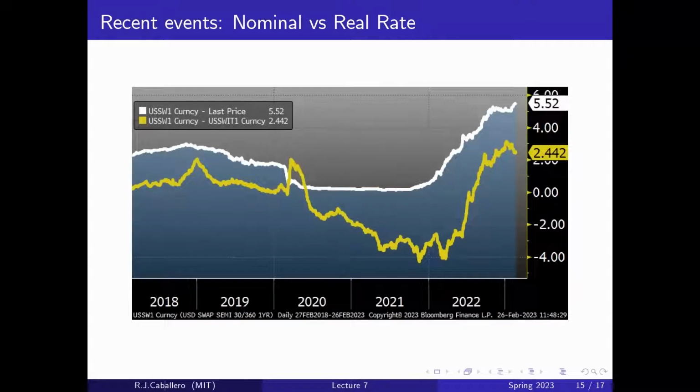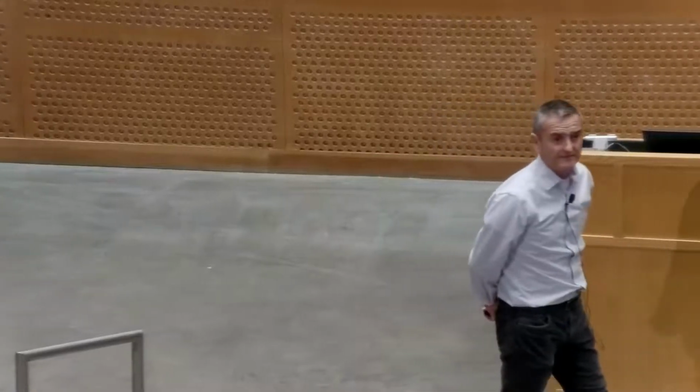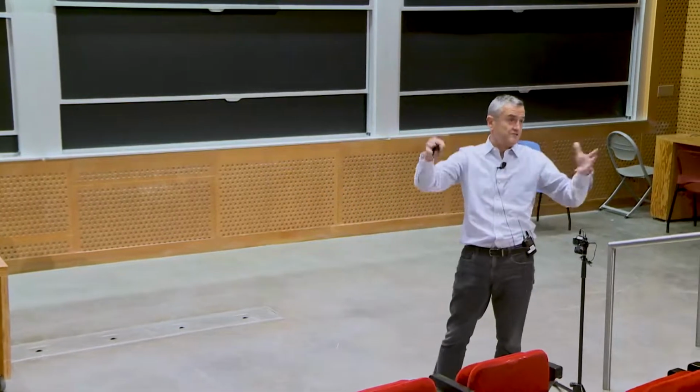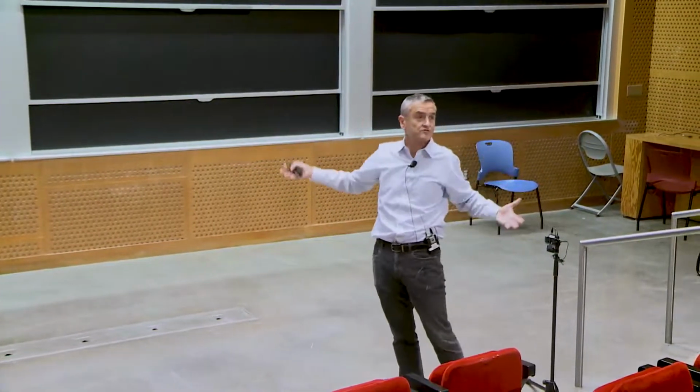Why is that? Yeah. Positive inflation, expected inflation, but they're correlated. When inflation is on average positive, then expected inflation is also on average positive.